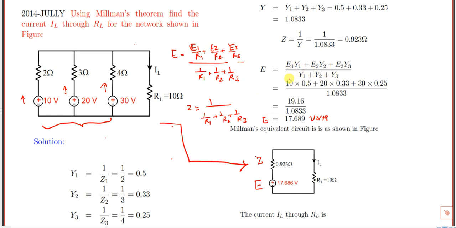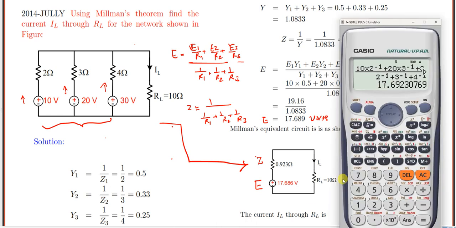Both are correct. Now I have to find the value of Z, or equivalent resistance. It is given by the reciprocal of R1, reciprocal of R2, reciprocal of R3, and the whole thing you have to take the reciprocal. For that, again you have to take the calculator. Actually here the denominator is there, no? So the same thing you're going to get.